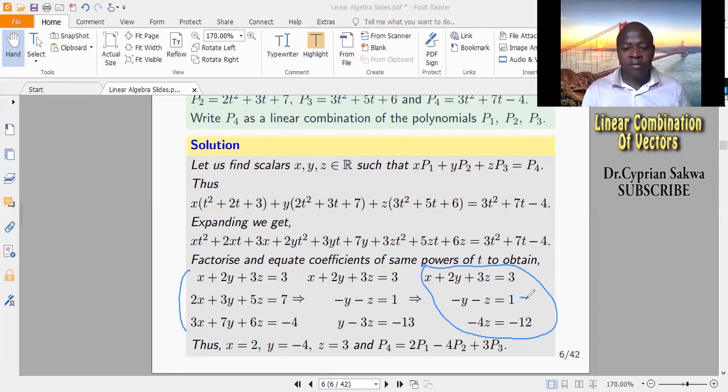Proceed to this other row and find y as -4. Then proceed to this other row, substitute y and z, and find x as 2. So since x is 2, y is -4, and z is 3, P4 can be written in terms of P1, P2, and P3 as this. This is what the question wanted us to write.